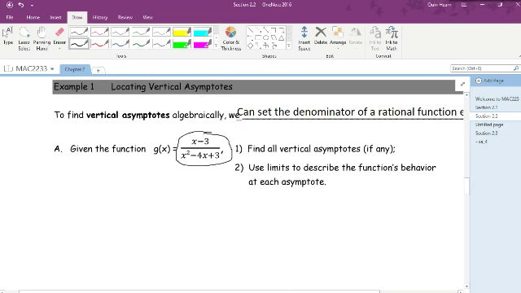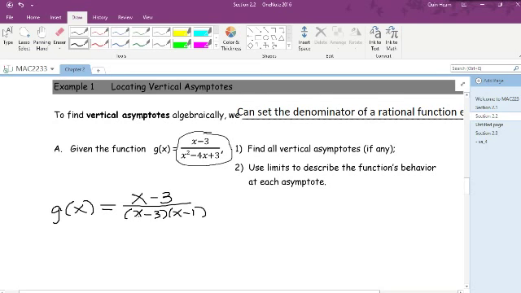Good. X minus 3 times x minus 1 is how it factors. So I'm going to think of this function g of x as x minus 3 over, and then we're going to have x minus 3 times x minus 1.